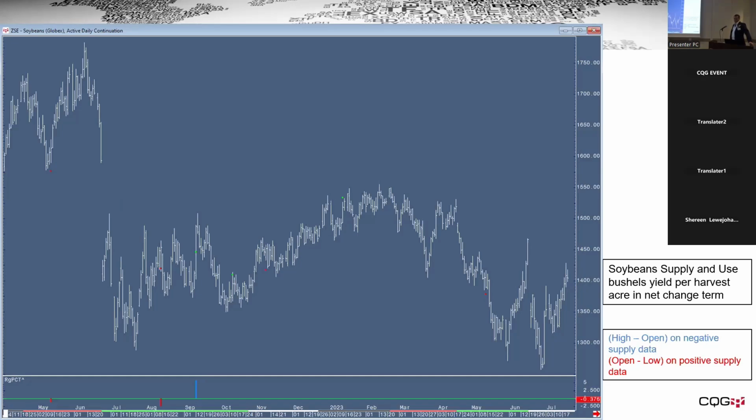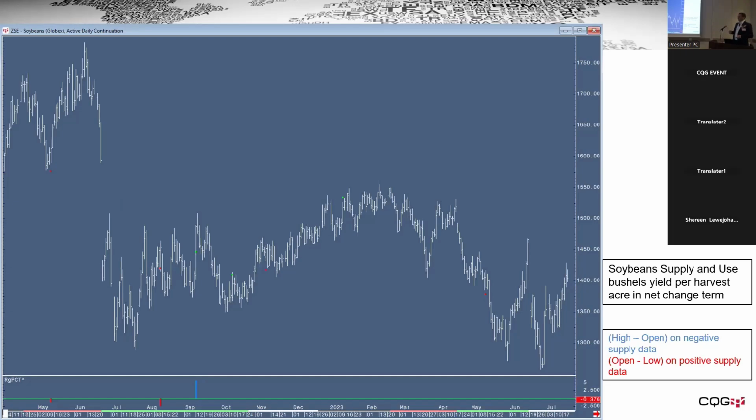So the way we're going to be doing this is we're looking historically, sorry if I can't see very well, but you can see a few data points at the bottom of the chart. So the blue data point is the release with a positive number, and the red one is the supply being negative. So what we're trying to see is when the supply data is positive, how much movement on average do we see on the price historically?